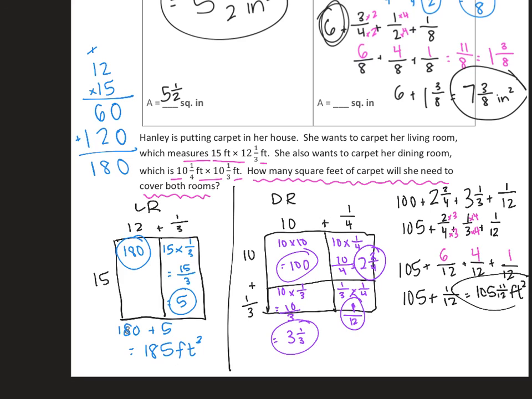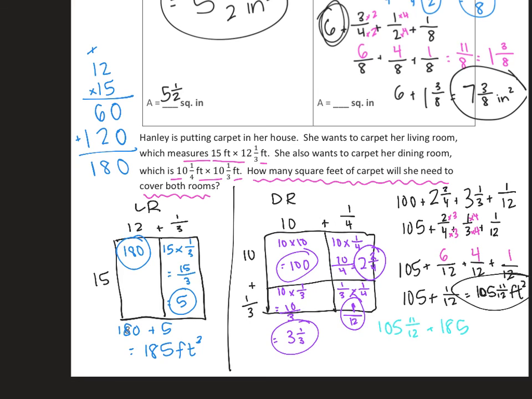Okay. Now, we need to know the total amount of carpet she's going to need for both rooms. So I'm going to say, what's 105 and 11/12 plus 185? All right.